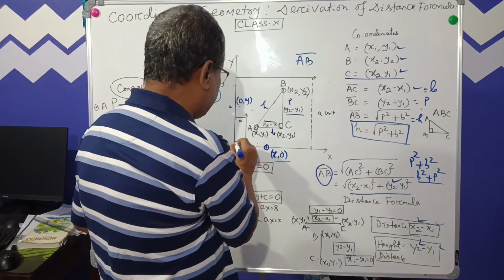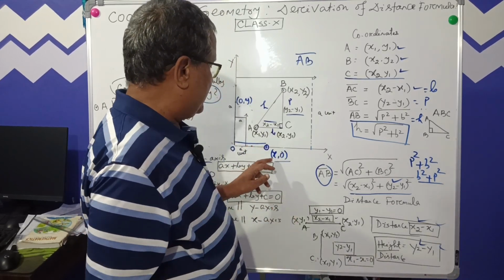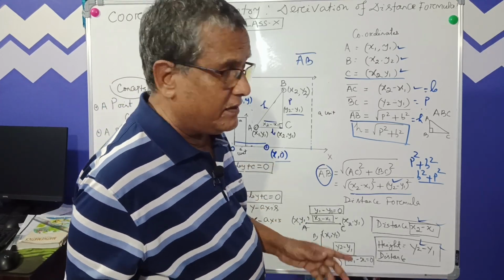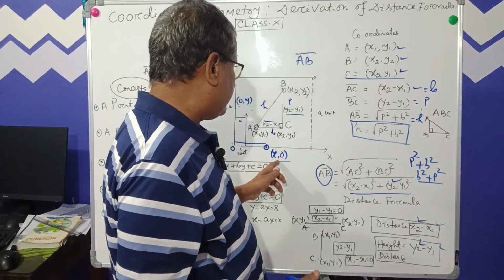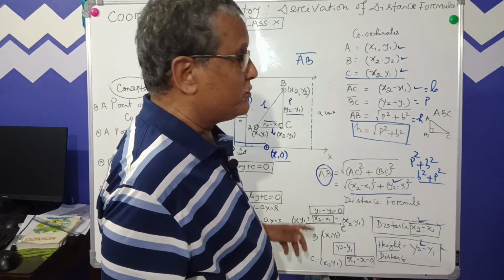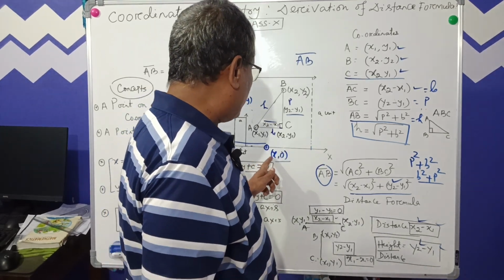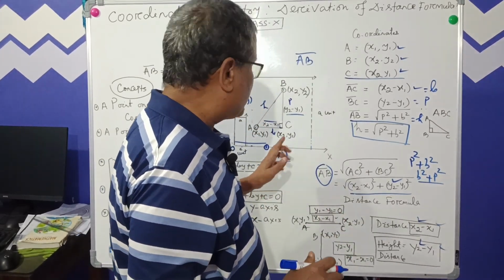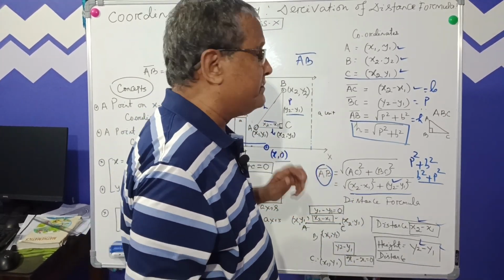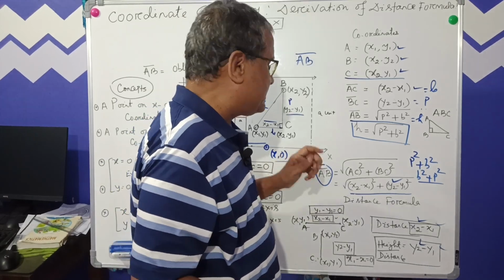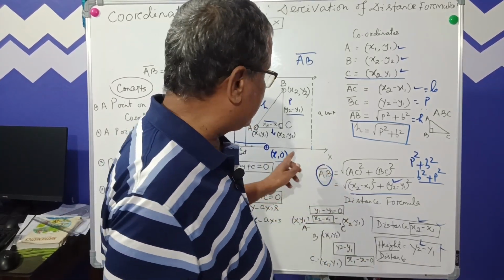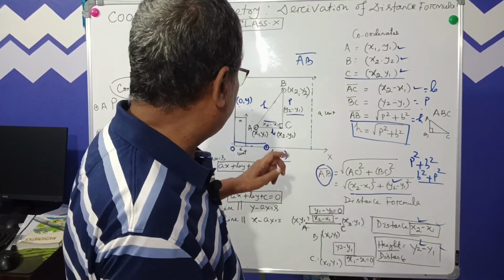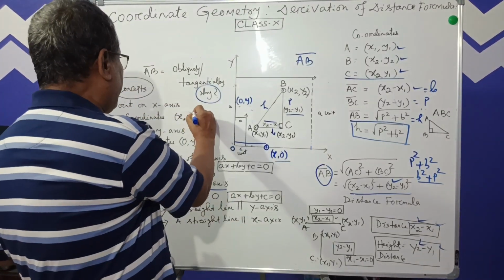So this is the abscissa, and it may be any unit. So we can write (x, 0). The x coordinate has some units, but y is 0. So for all points that lie on the x-axis, the y coordinate is always 0. This is important.